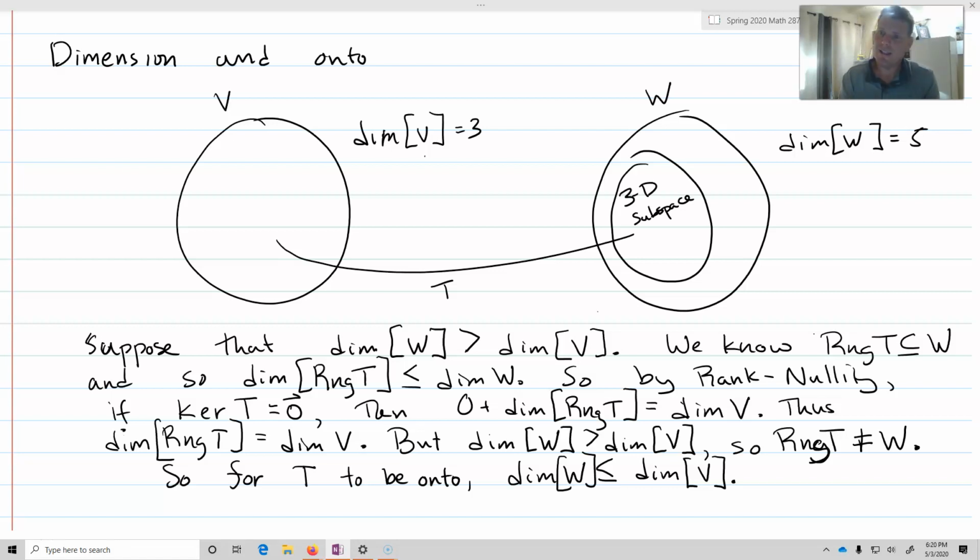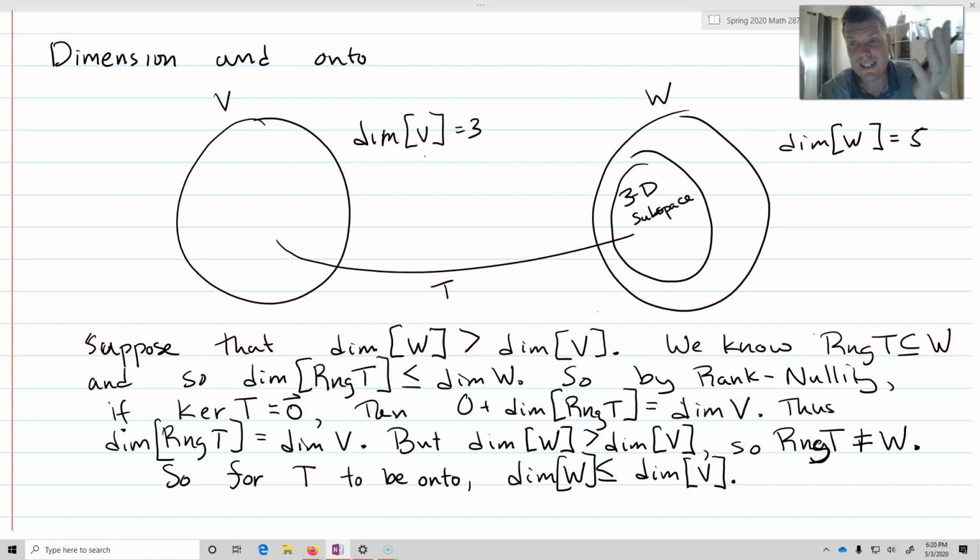So let's look at this from a proof perspective. Suppose that the dimension of W is greater than the dimension of V. We know that the range of T is contained within W, and so the dimension of the range of T is less than or equal to the dimension of W. Then by rank nullity, if the kernel of T equals 0, then 0 plus the dimension of the range of T is equal to the dimension of V. That's your best case scenario.